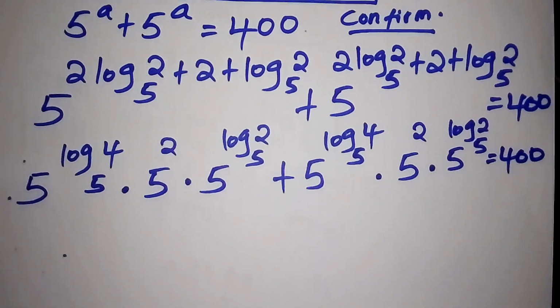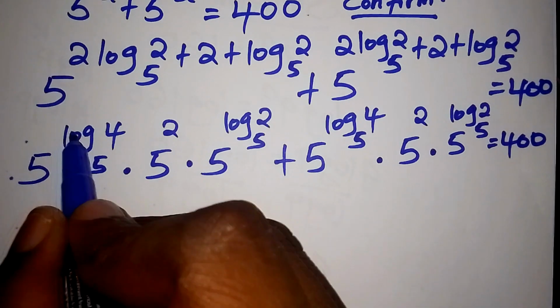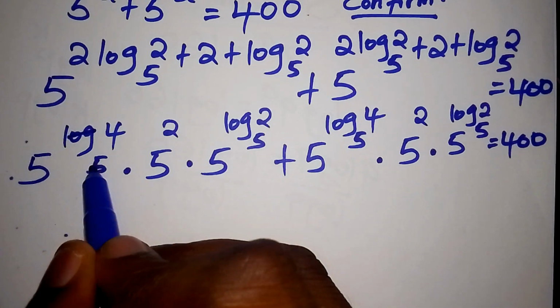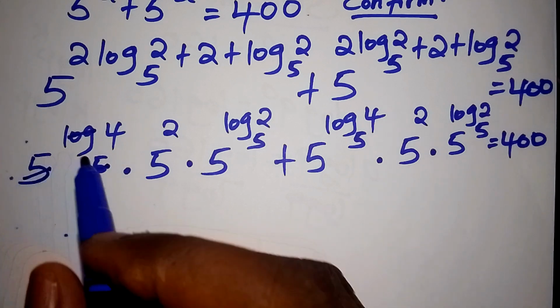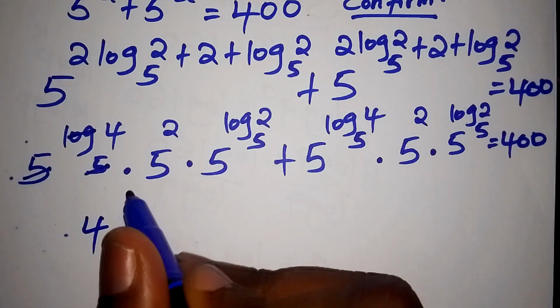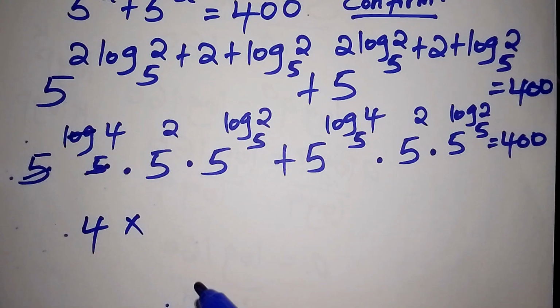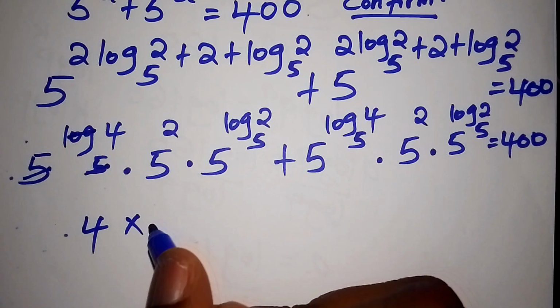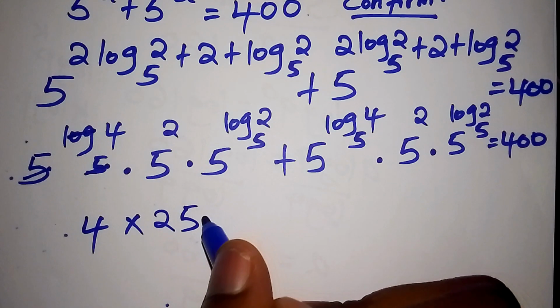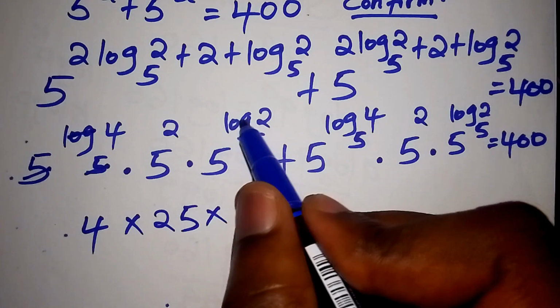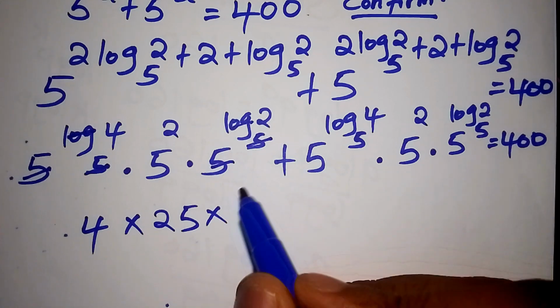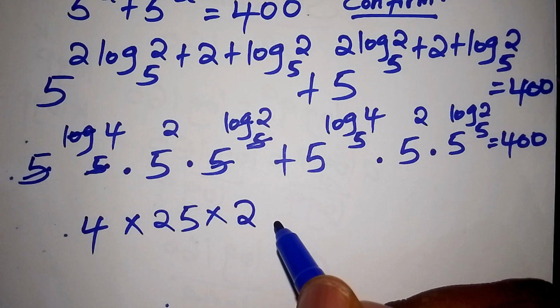So next, the log to the base of 5 shall cancel this 5, so now we shall have 4, then 4 multiplied by 5 to the power of 2, which is 5 multiplied by 5, that is 25, then multiplied by, so the log to the base of 5 shall cancel this 5, 2.